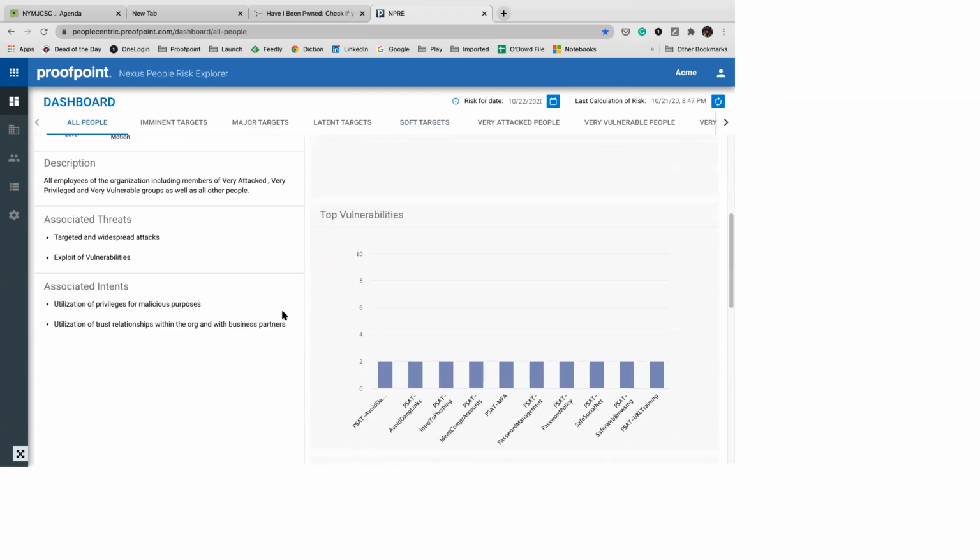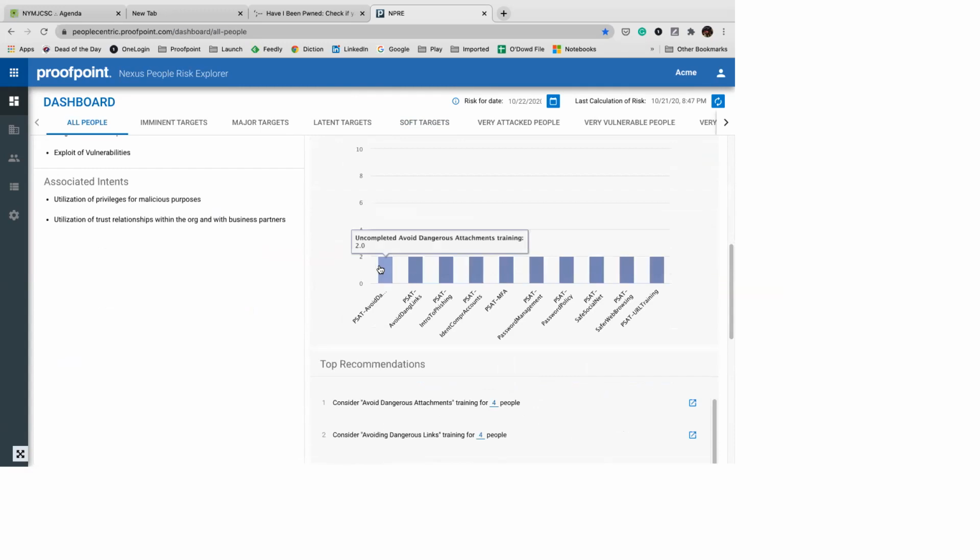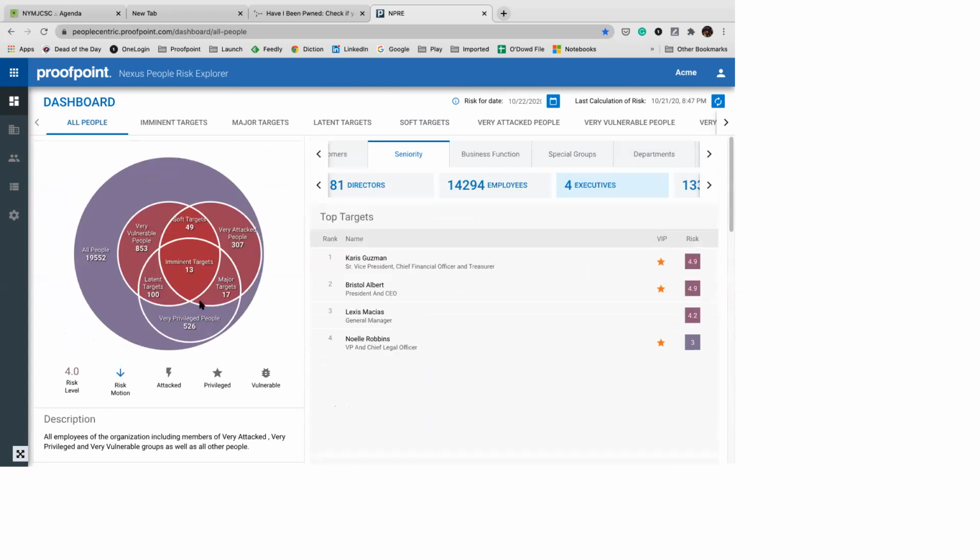And you go down and you can see top vulnerabilities here, and you see training associated with it. So what does a 2 mean, or a 7, or a higher number? Think about risk as a quantification of the amount of attention a security team really needs to pay to a person for some reason.